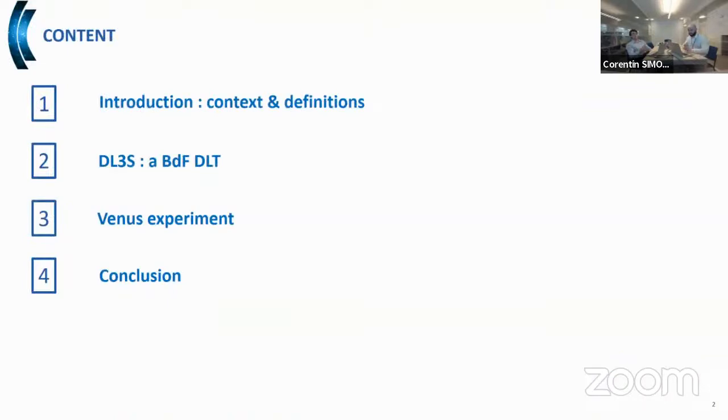We will start this presentation by introducing some key concepts and definitions about money and CBDCs, and we will give you some background on the Banque de France experiments. Then we will present the DL2S DLT that we used on many of our experiments.